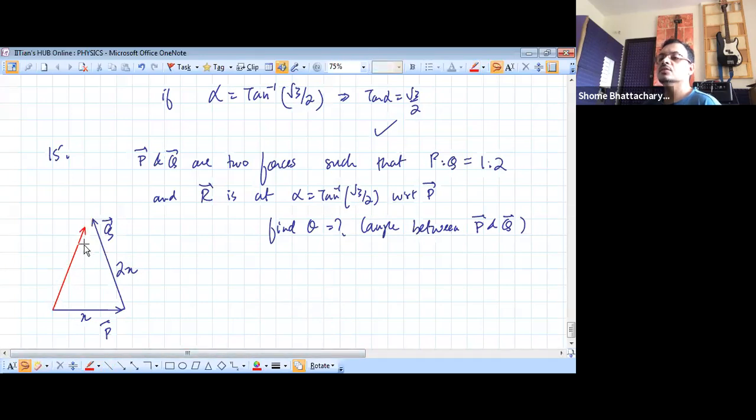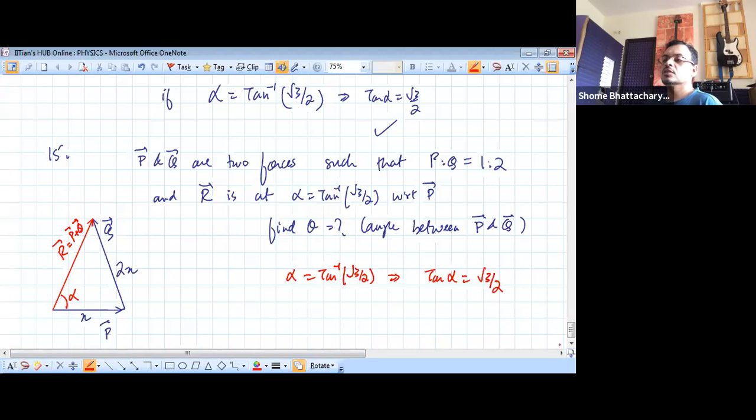The resultant should be such that it makes an angle of tan inverse root 3 by 2. So this angle alpha is tan inverse root 3 by 2, which means tan alpha is root 3 by 2.